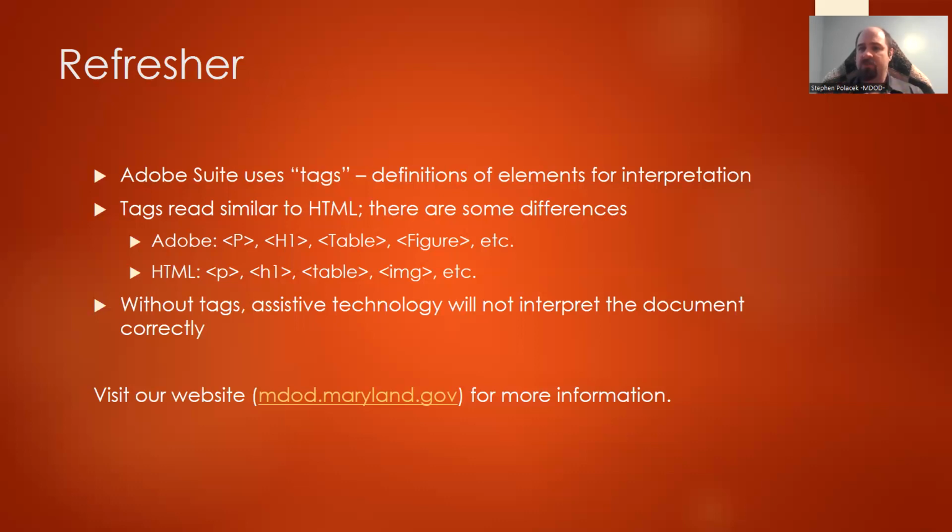Without this critical step, they might make mistakes, or they won't be able to capture everything that's in that document. So that's why we need to make sure we're tagging a document correctly and putting in the necessary information and context for users so that they can get the meaning and information in that document that you've created.